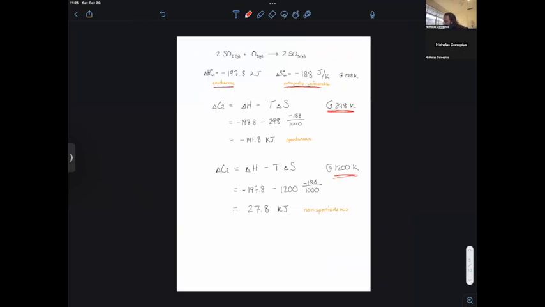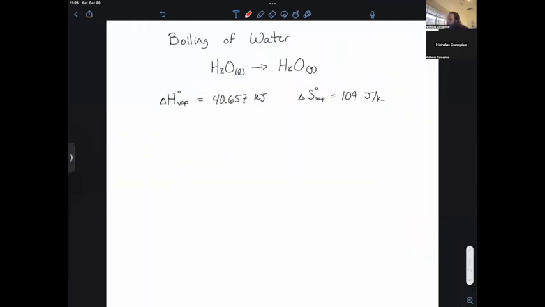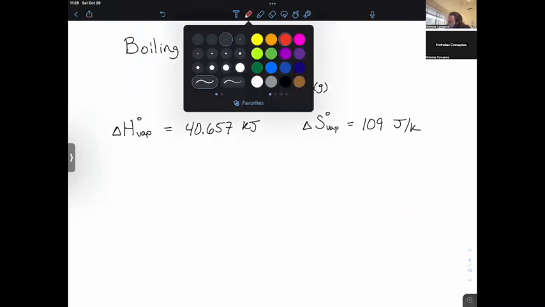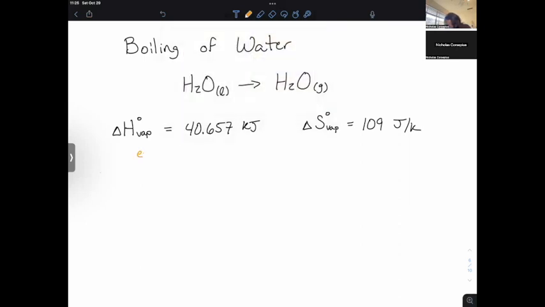All right, so what other cool things can we do with our delta G here? Well, let's take a look at another reaction, the boiling of water. First of all, we can see that this is an endothermic reaction, which makes sense. Those liquid water molecules need to absorb heat in order to break off and go into the gas phase.